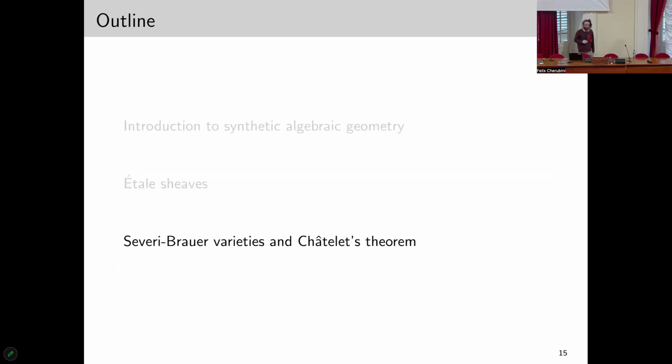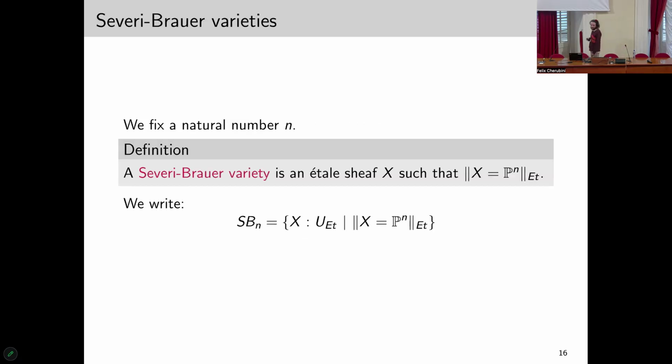So now let me define Severi-Brauer varieties and Châtelet's theorem. So for the definition, I fix a natural number n, which will be the dimension of the Severi-Brauer variety we consider. And so we say that a Severi-Brauer variety is an étale sheaf X such that I have the étale sheafification of X being equal to Pn.